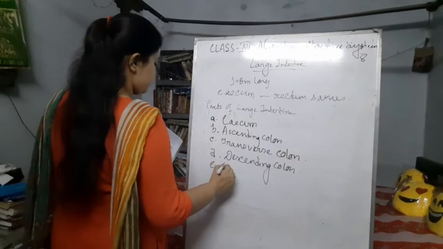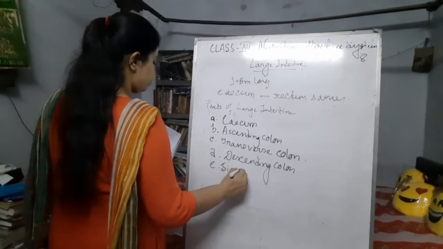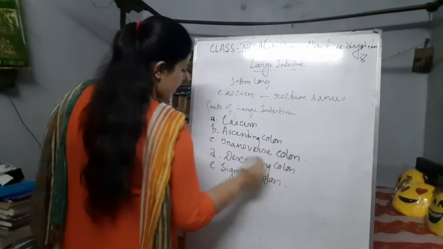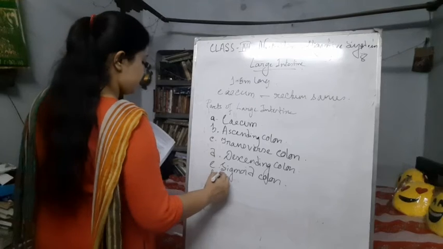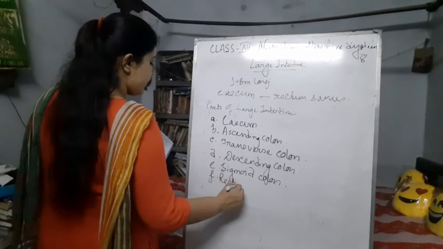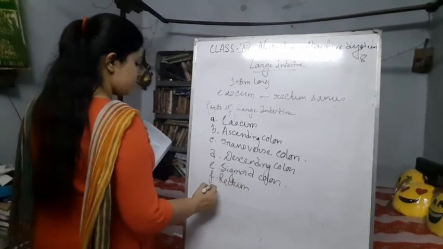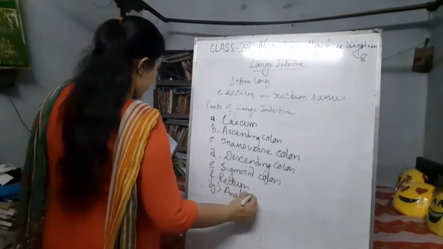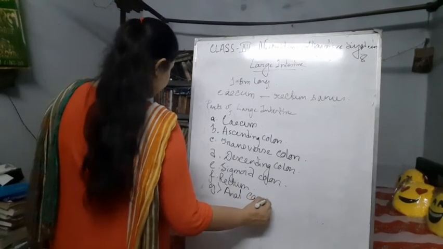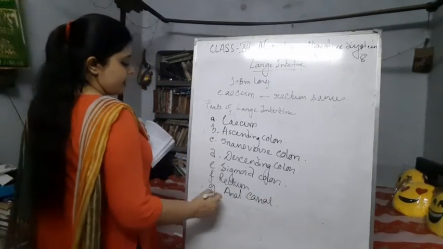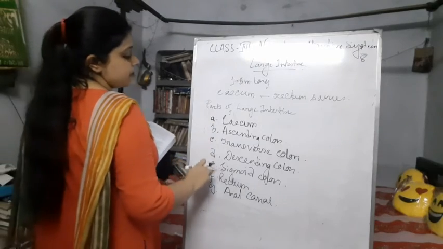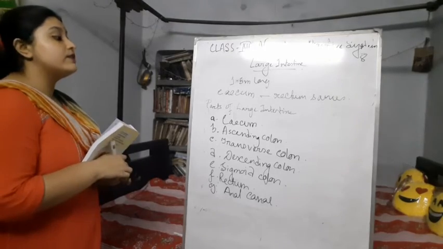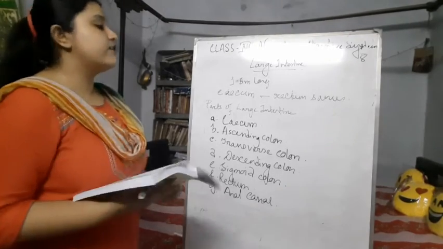Fifth, the sigmoid colon. Sixth, the rectum. And the final is the anal canal. So there are 7 parts of the large intestine, and now I will discuss these parts starting with the cecum.